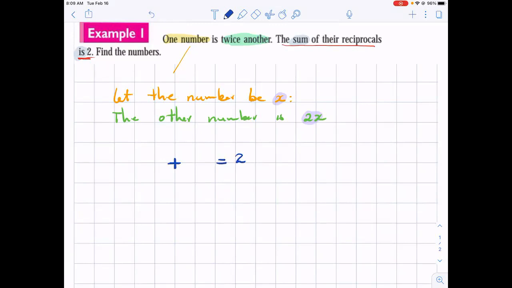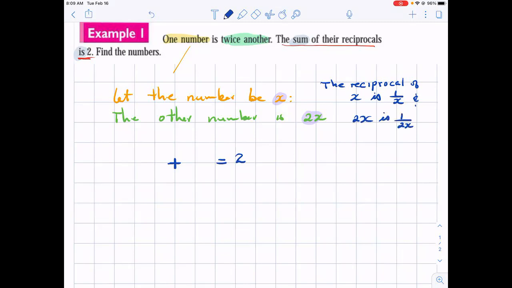The reciprocal of x is 1 over x, and the reciprocal of 2x is 1 over 2x, right?